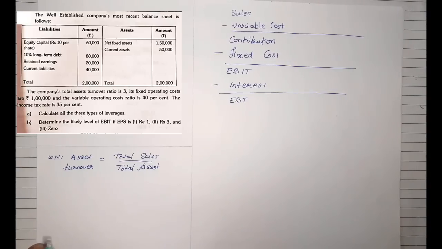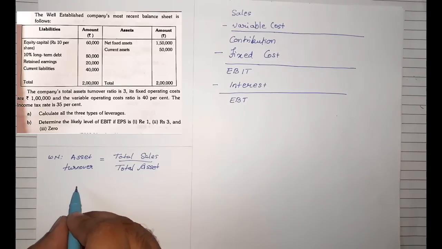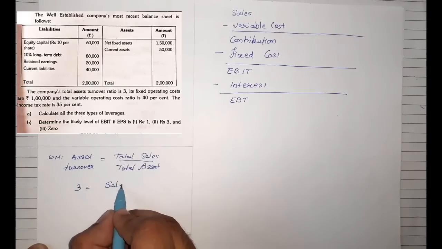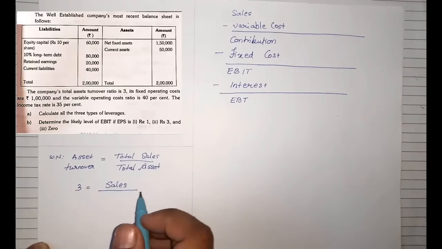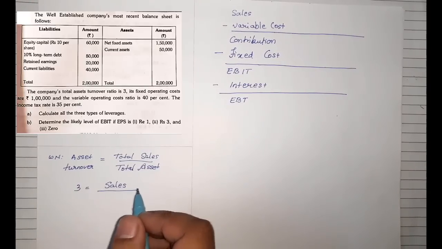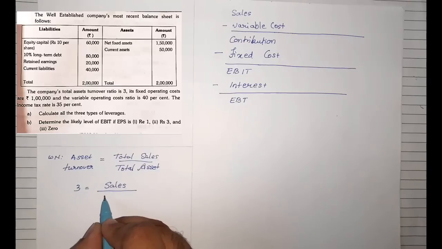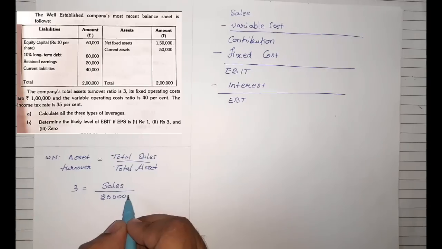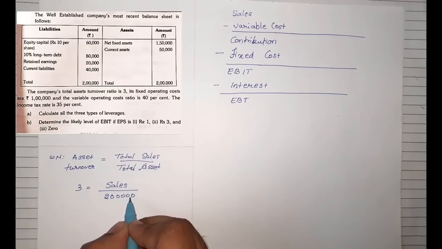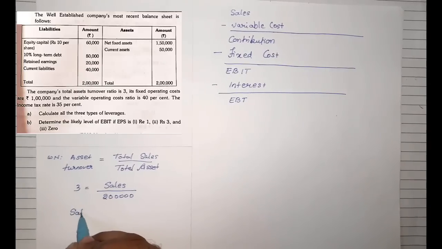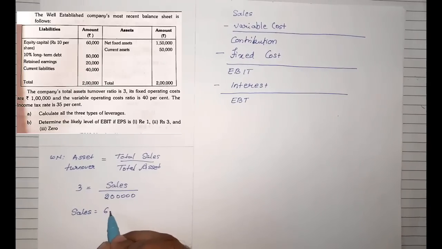Now if you look in the question, they are giving you total asset turnover as 3. We need to find the value of sales because sales is not given, and total assets, if you add up total fixed assets and current assets, comes to 2 lakhs. So our total assets given in the balance sheet is 2 lakhs. When you cross multiply, 3 into 2 lakhs will give you sales. So our sales will be 6 lakhs.